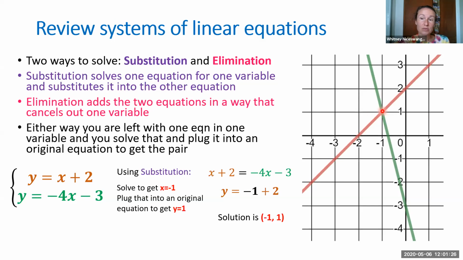That is a solution to both of the equations. You can see that graphically. You can also go over to our equations and plug in x is -1, y is 1, and see that that's a solution to both of the equations. So it's a solution to the system.